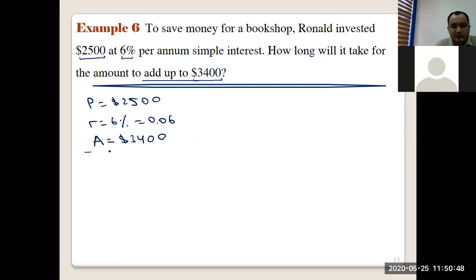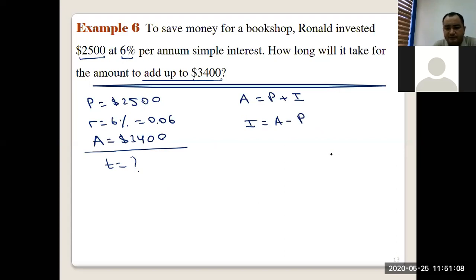Okay, what is the question? The question is, how many years does it take, or how long will it take? To solve this question, we need to use this formula, right? Amount is equal to principal plus interest, right? Or from here, what is interest? Interest equals amount minus principal.